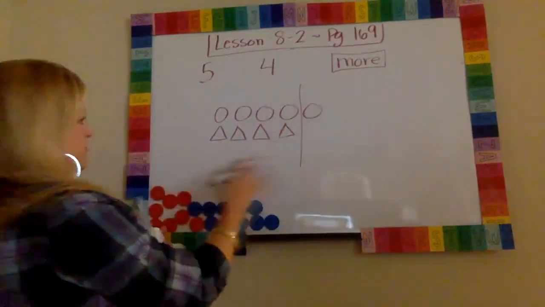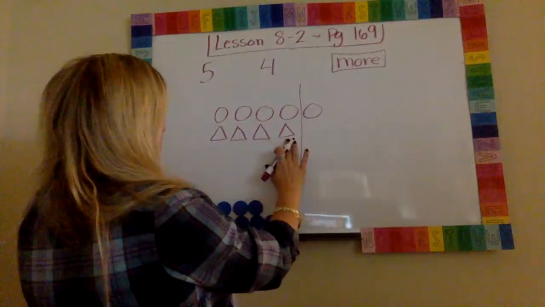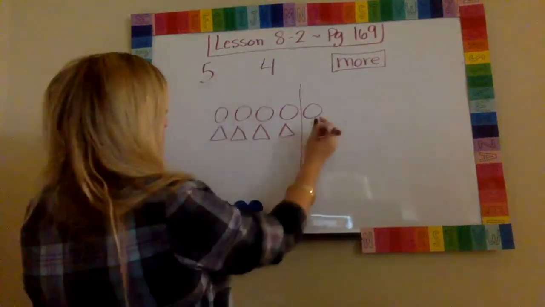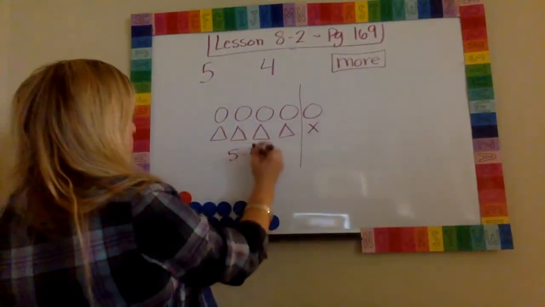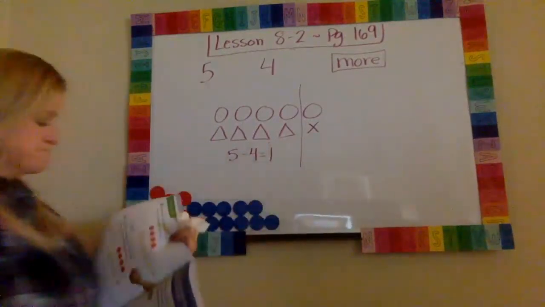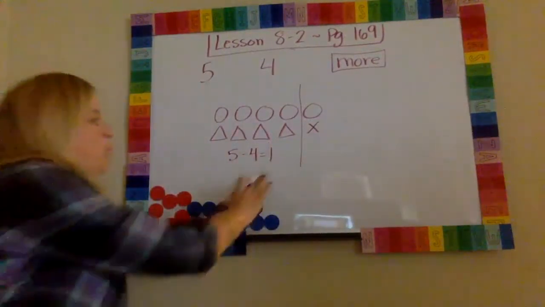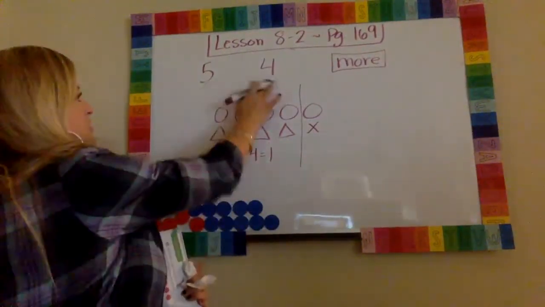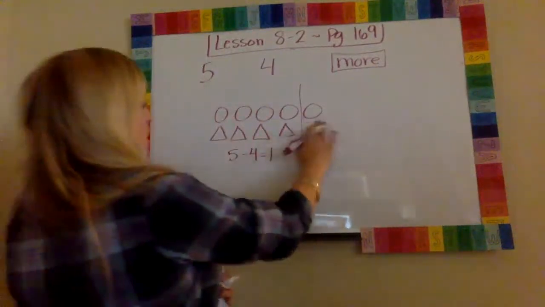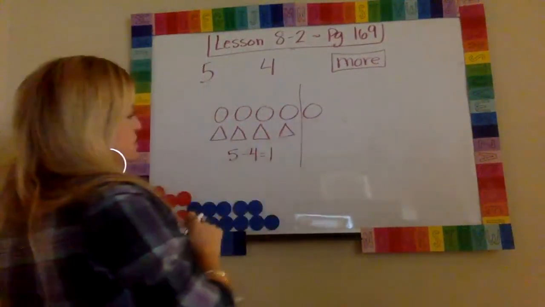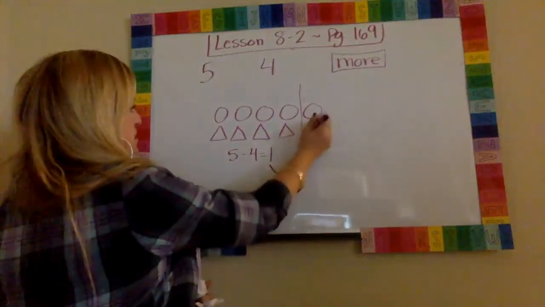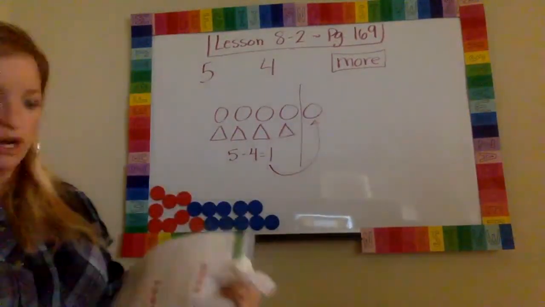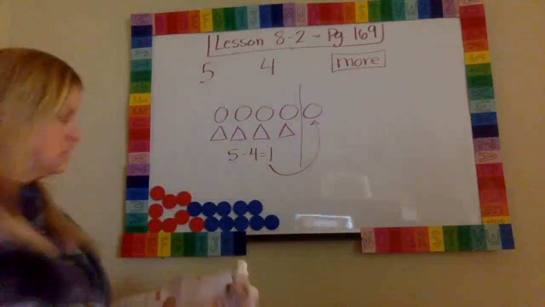You don't have to put a box around it. 4, count on stopping at 5. 4, 5. So now I know 5 minus 4 equals 1. There is 1 more dog than there are treats. This dog is not going to get a treat. He's missing that. There's 1 dog. This is that dog. Okay, there's 1 more dog than there are treats.